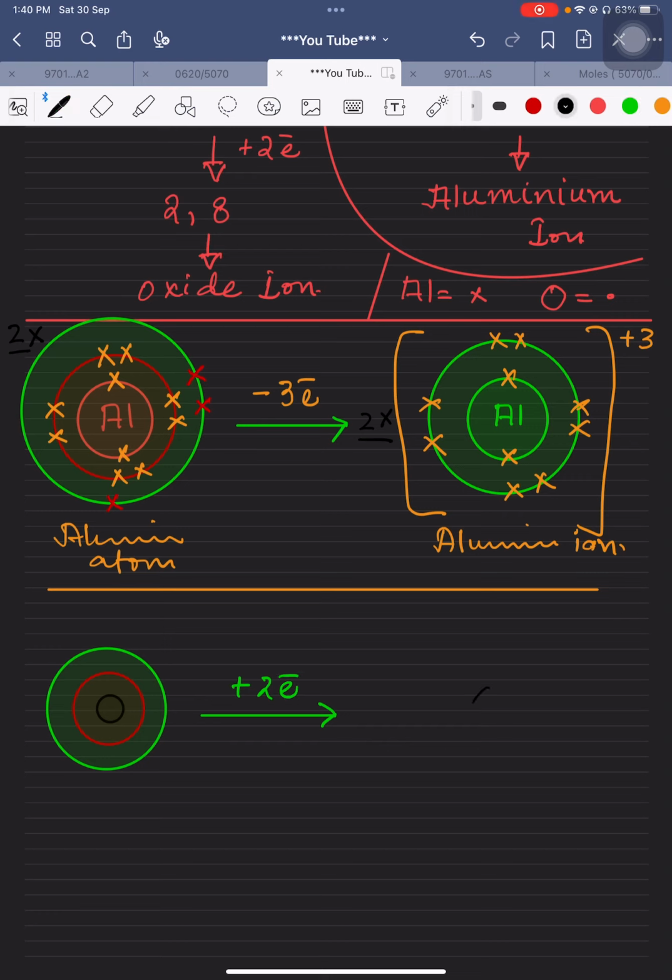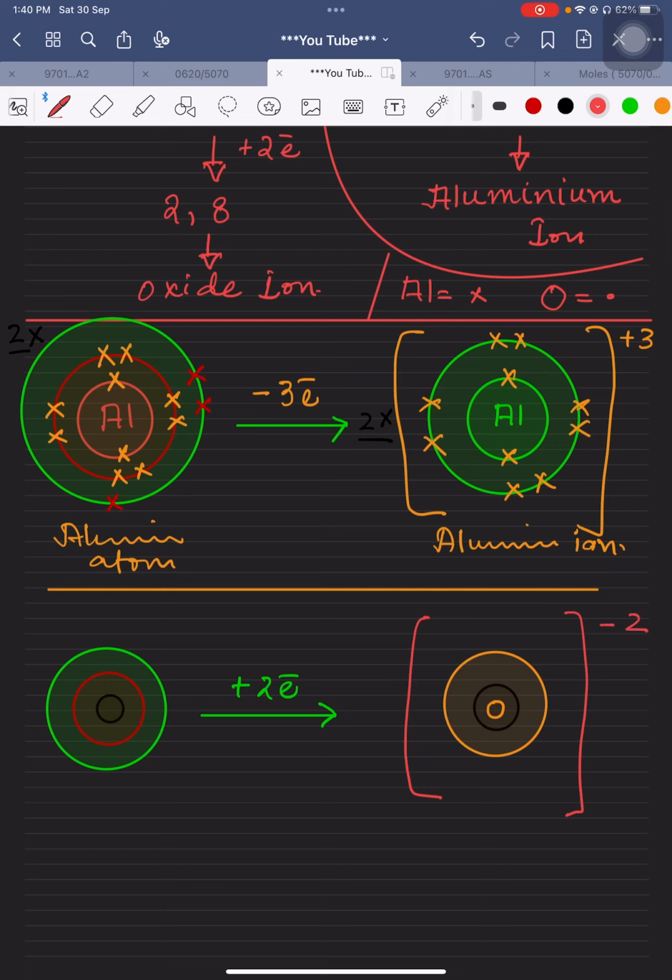Here I'm writing oxygen, and this is the first shell and this is the second shell. Then we can say that this is the square bracket with the -2 charge, as it is going to gain 2 electrons.